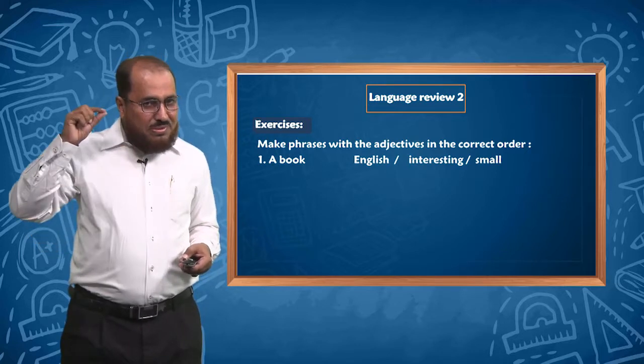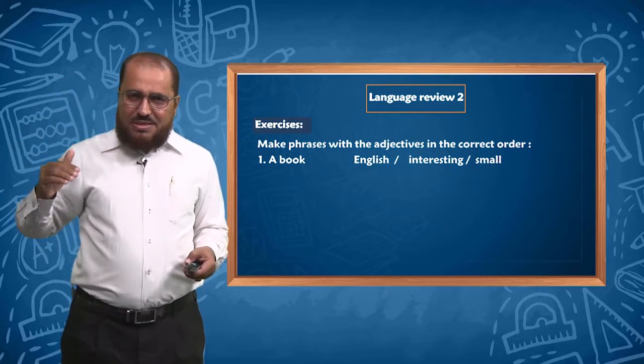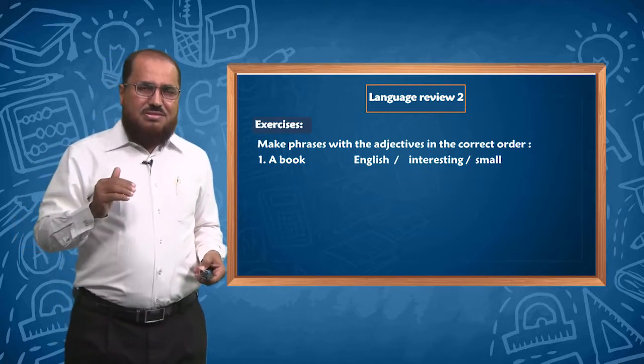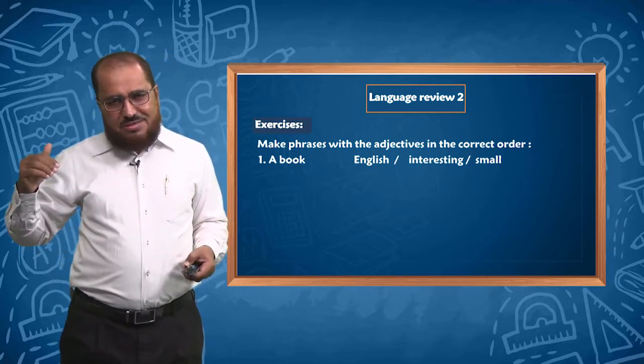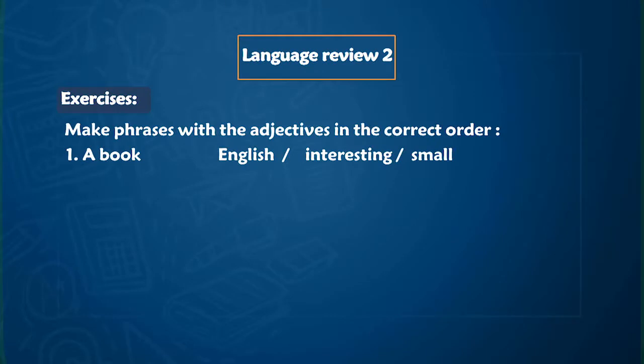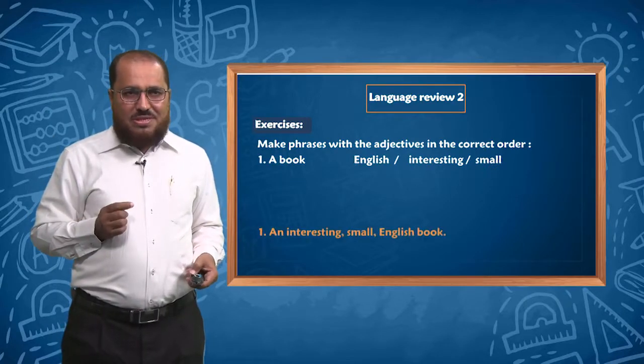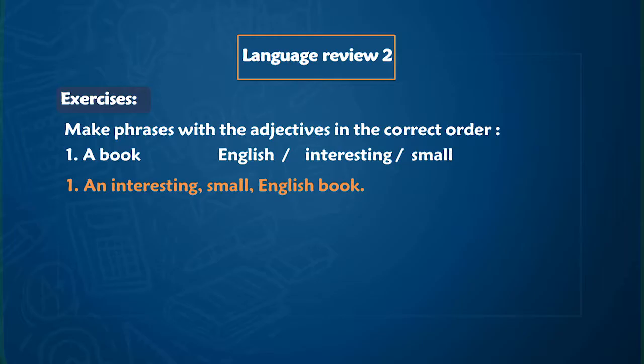Now, do you still remember the adjective order at the beginning of this lesson? What's first? Opinion. Then comes size, then nationality. It will be an interesting small English book. An interesting small English book.